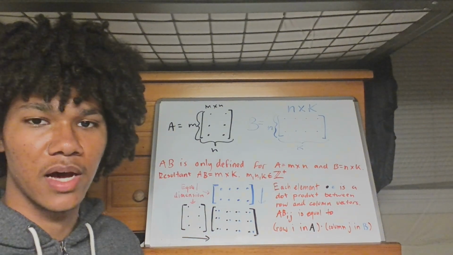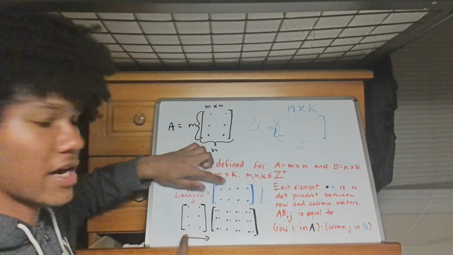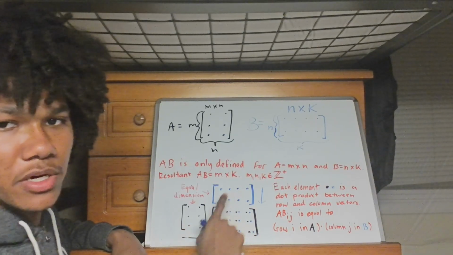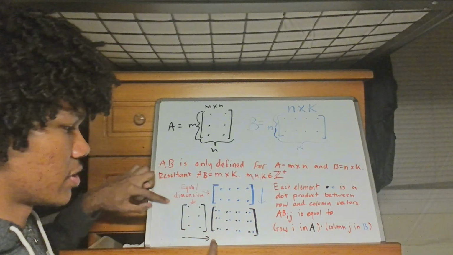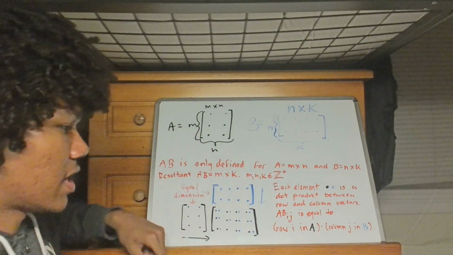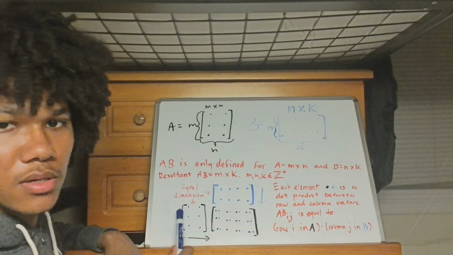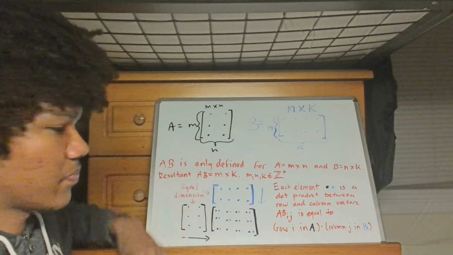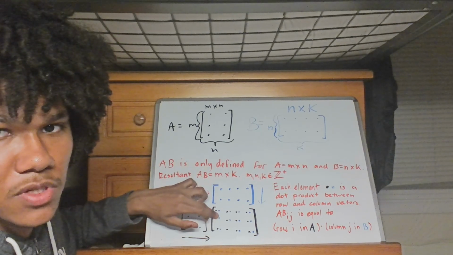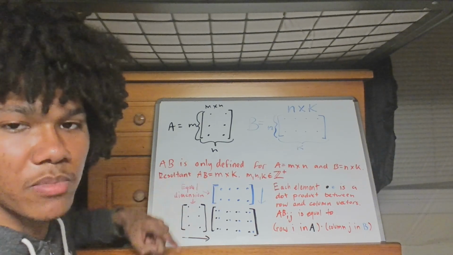The best way that I'm able to visualize this process is this diagram right here. So imagine we have A here and matrix B here. What we're going to do is we first multiply the rows of A by the columns of B. That means if we go this way, take this row vector and take this column vector of B, this element where this row and column meet in the resultant matrix is going to be the dot product of those respective row and column vectors.